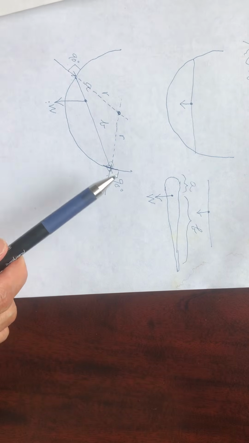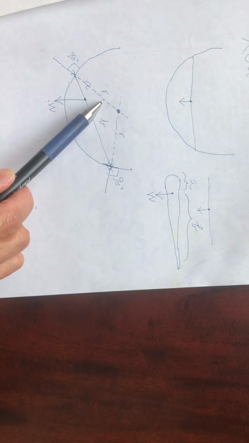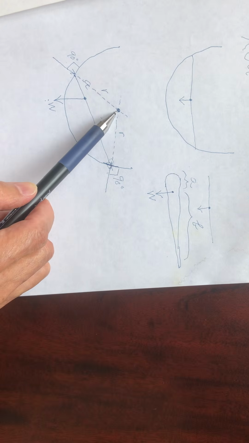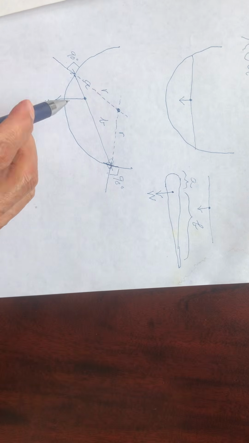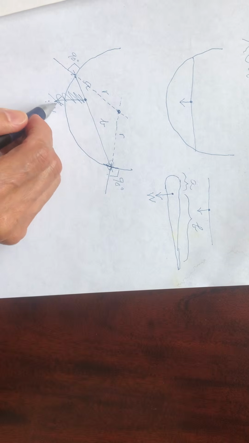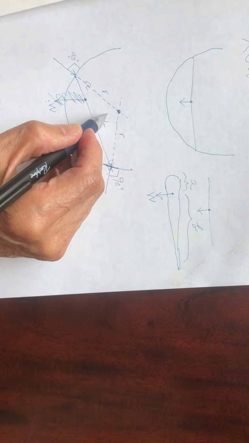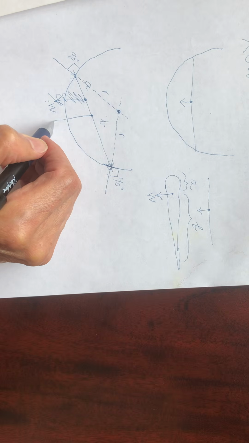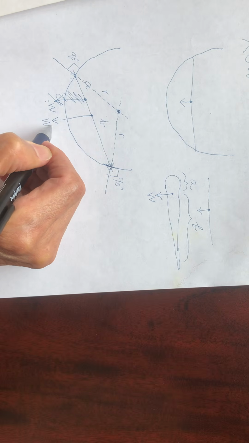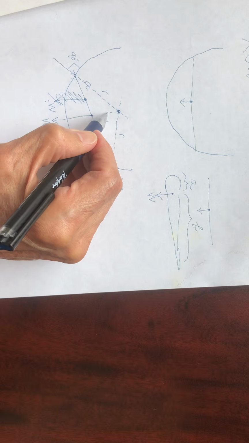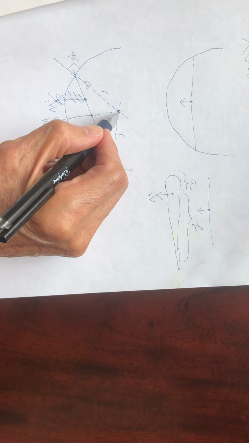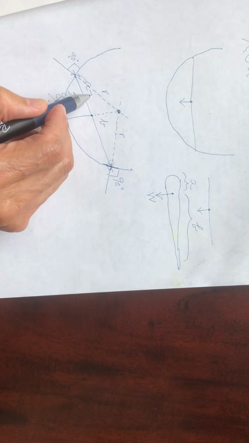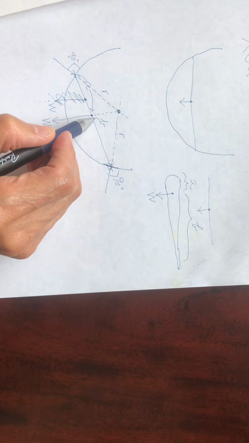In this case, two forces already meet at the center, therefore this weight must pass through the center. So my drawing is a little off. So my drawing, this must be the center, and the weight is here, and the weight must pass through the center of the circle. And this is A, and this is B.